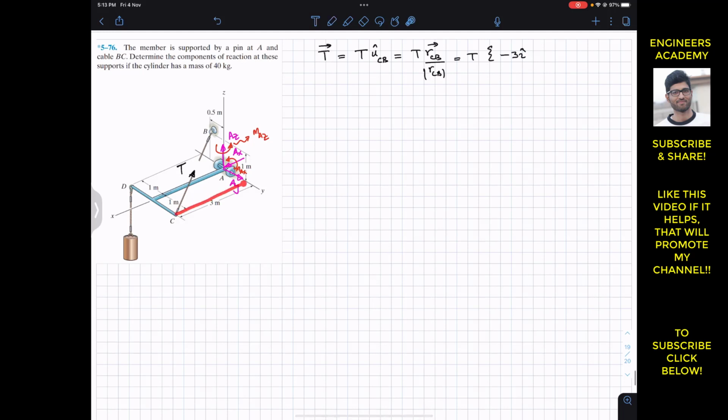So we will reach here. Then from here, we need to travel 1 meter, and once we reach here, we need to travel 1 meter plus this 0.5 meters in the negative Y.